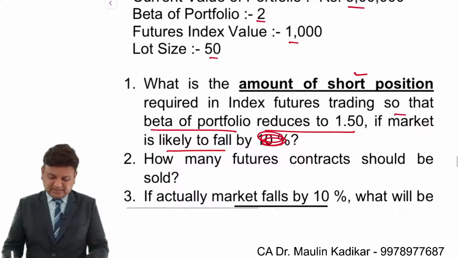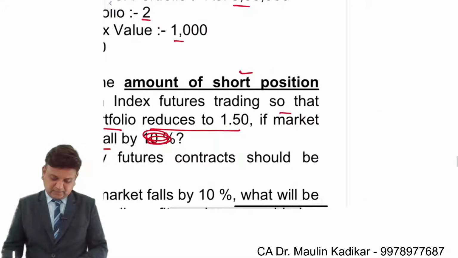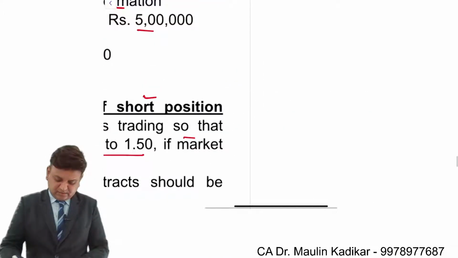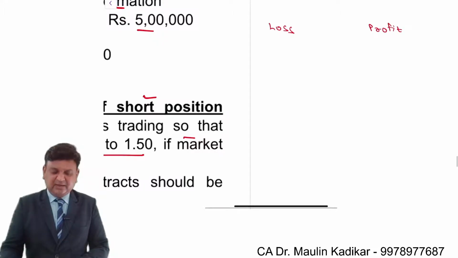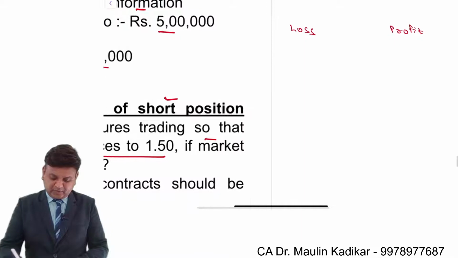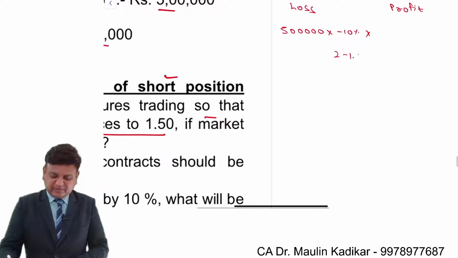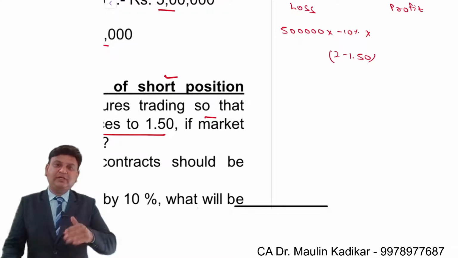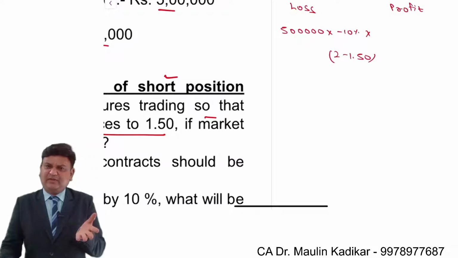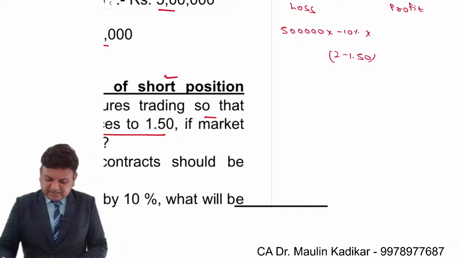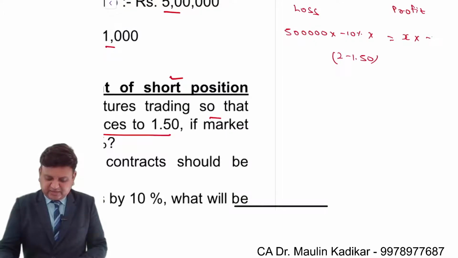So we understand something like this. Can we say that the loss in my portfolio should be covered up with the profit in index? So 5 lakhs into whatever the loss percentage, negative 10% which is given to us, into 2 minus 1.5. I want to reduce my risk only to the extent of 25%, which is equal to x into negative 10%.